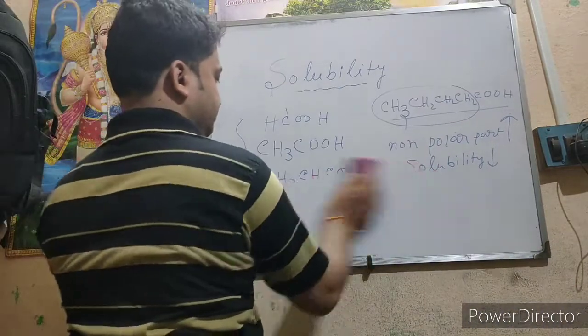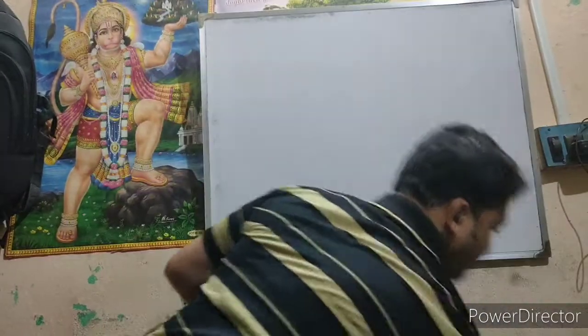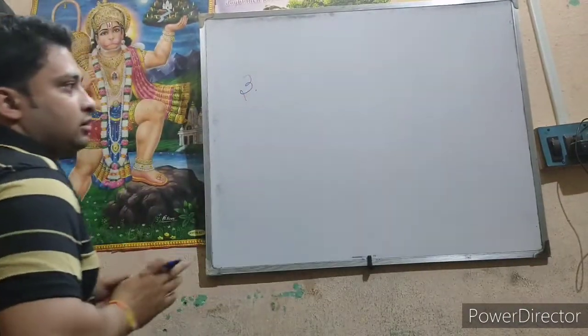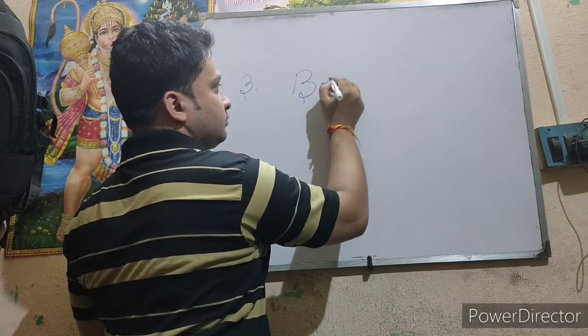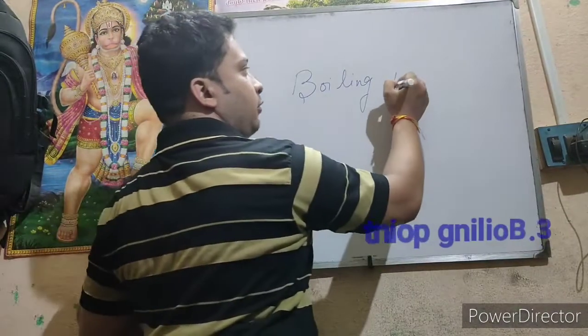Now the third physical property is boiling point.